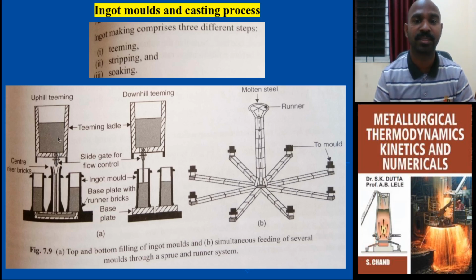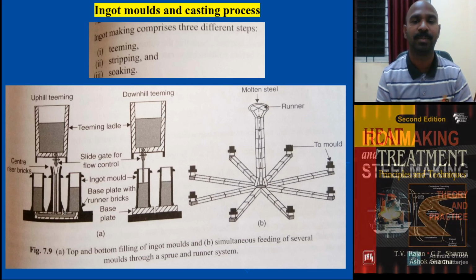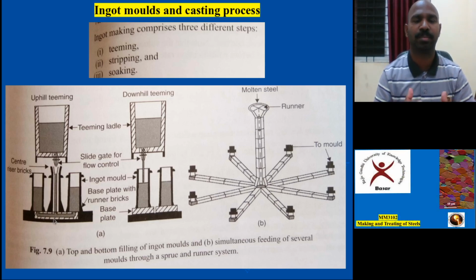It passes through this, this straight one is called the shroud, and this is called the pouring basin, and these side molds are cast iron molds with refractory lining, and it is connected to these two molds simultaneously.